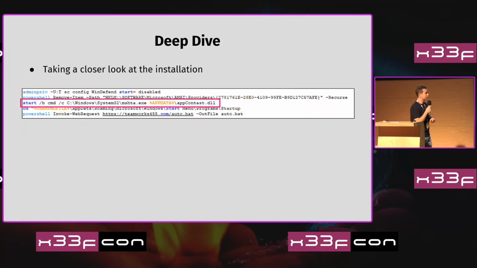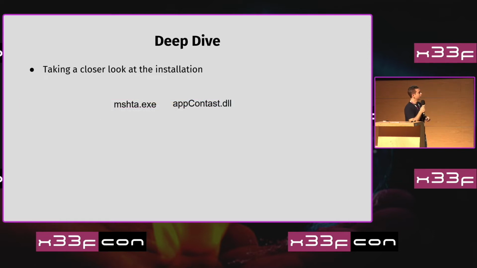So what is this command that we skipped? We see this command is running mshta on a file, a DLL file that was just downloaded. Now, if you're not familiar with MSHTA, MSHTA is a program that is built into the operating system, into Windows, and it stands for Microsoft HTML Application.